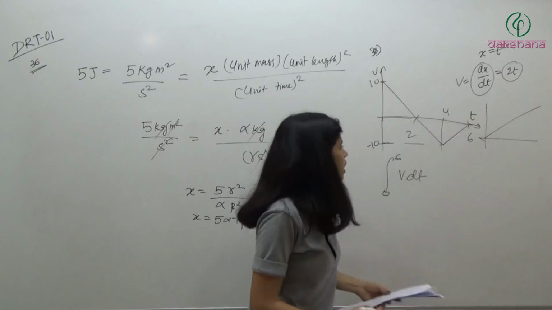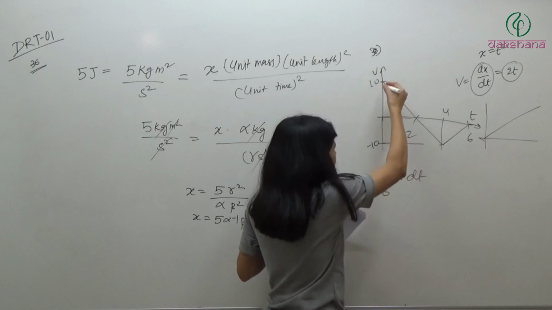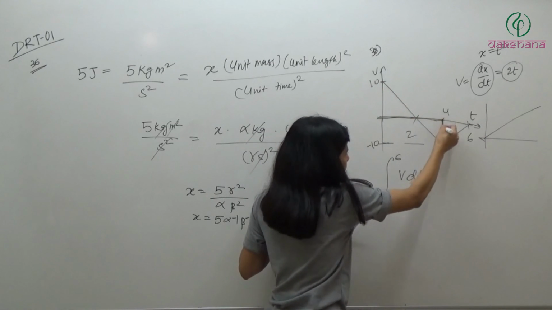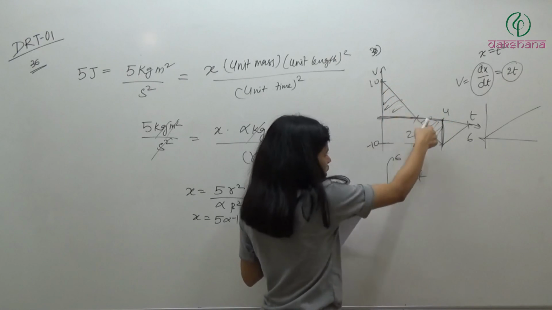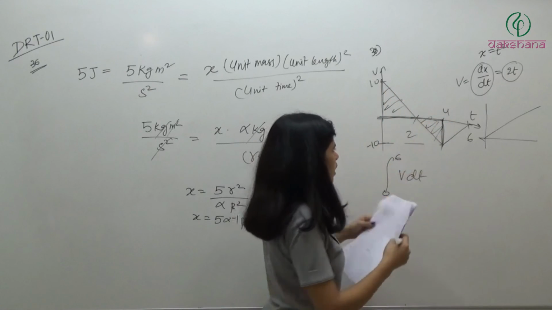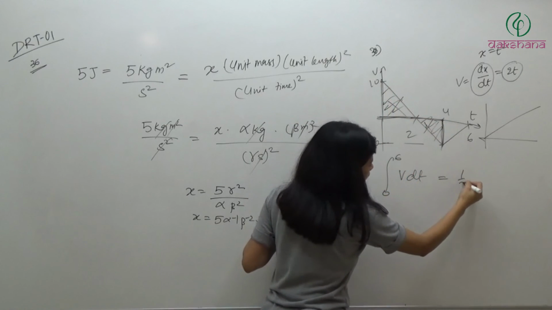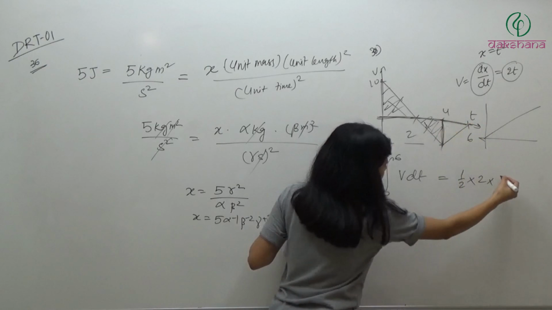Throughout this. Now we can see that this part is completely symmetric. Here this is 2, this is 2, this is minus 10, this is plus 10. So this area is equal to this area. And when you add, this is positive area, this is negative area. These two will cancel. So only this area will come, half into 2 into minus 10.